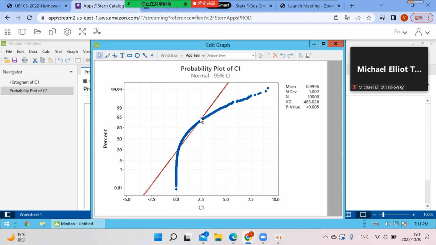But here, obviously, it doesn't, because my C1 column is actually 10,000 observations of an exponential distribution, not a standard normal distribution. So we can see it has a very fat tail on the right and a very small tail on the left. And we can see it from the histogram actually.